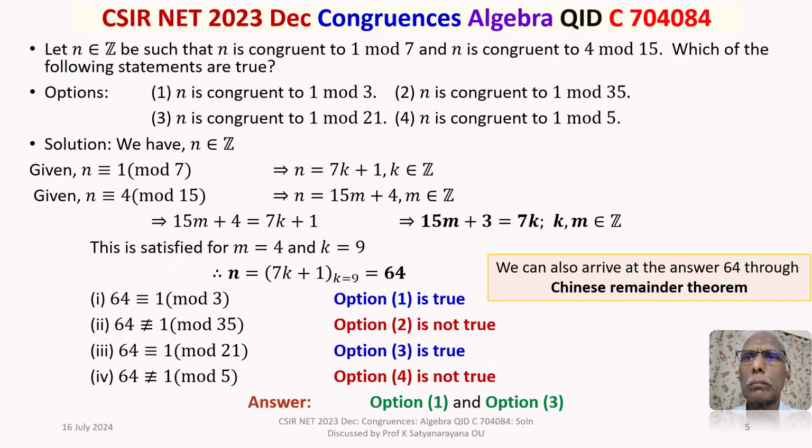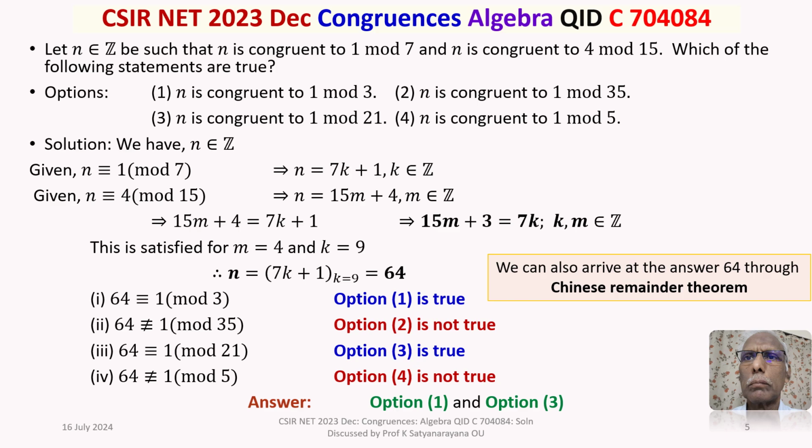That is the detailed discussion of the solution of the given problem from the section number theory based on congruences, and this question is broadly from algebra. In the syllabus it is mentioned under algebra. I reiterate that you can systematically obtain the solutions of congruence relations by using the Chinese remainder theorem, but it will take a little bit of time.